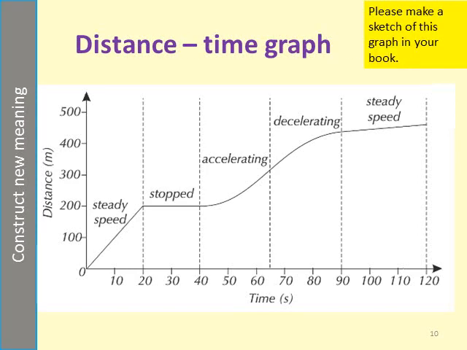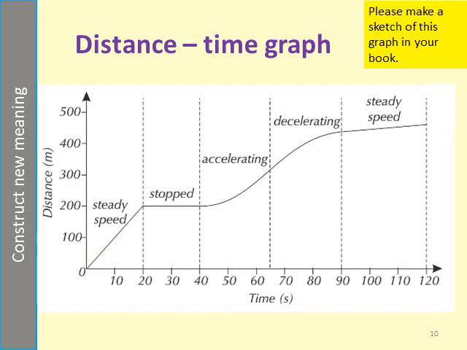This final part of the graph, the line here, is again a linear section. However, the gradient isn't as steep as the first part. So that object is still travelling at a steady speed, but it is a lower steady speed than this part of the journey.